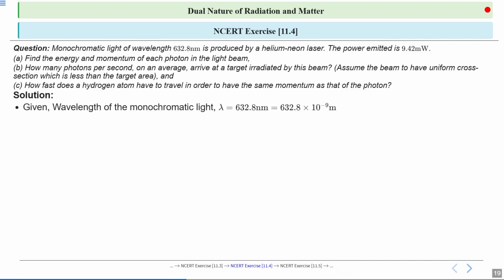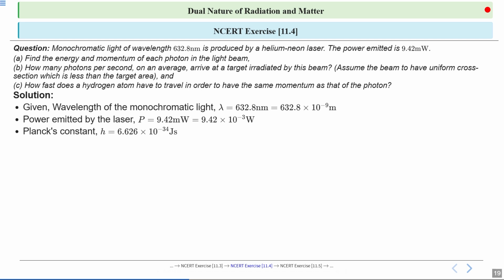So first, let's note the wavelength of the light. It is given as 632.8 nanometer, or we can say 632.8 into 10 raised to the power minus 9 meter. Power emitted by the laser is 9.42 milliwatt, which is equal to 9.42 into 10 raised to the power minus 3 watt.